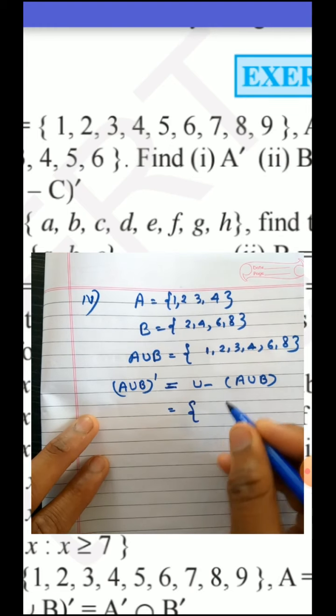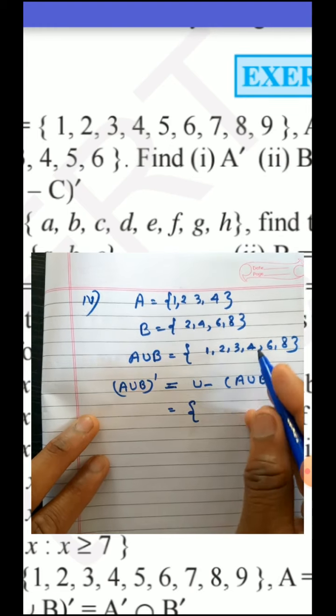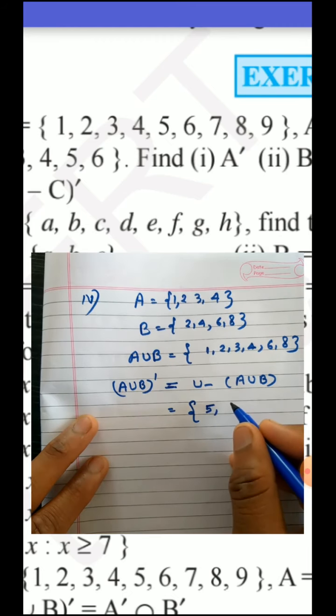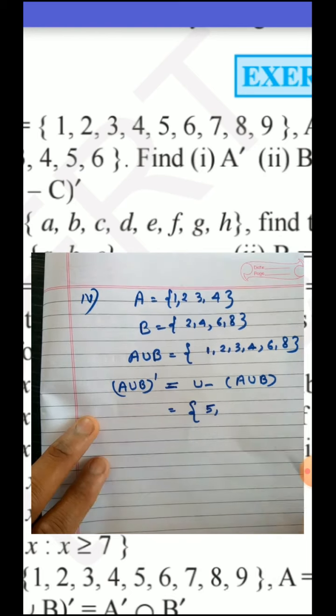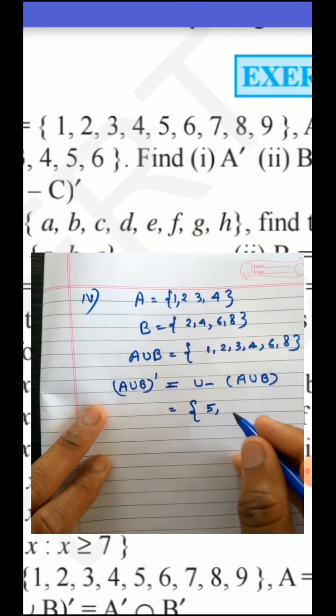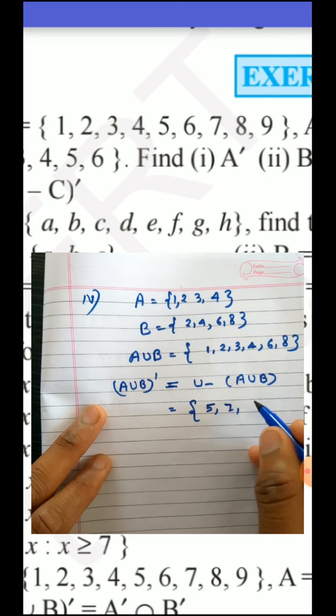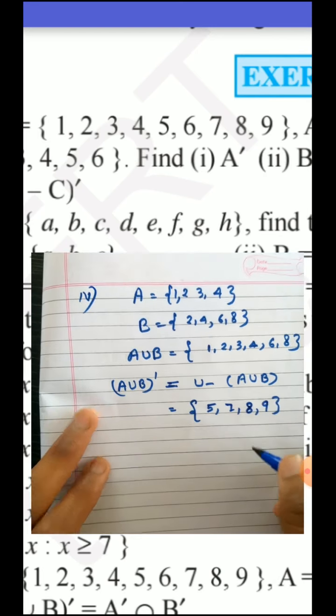So the rest of the elements will be 5, 7, 9.